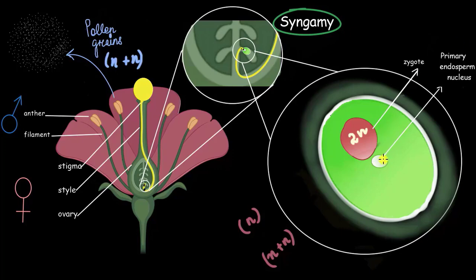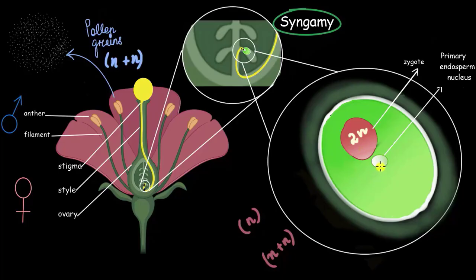This is nothing but a nutritive tissue that provides nourishment as the zygote develops. So, what do you think should develop first, the zygote or the primary endosperm nucleus? Well, the primary endosperm nucleus develops first because without food, without nourishment, how will the zygote even develop, right?